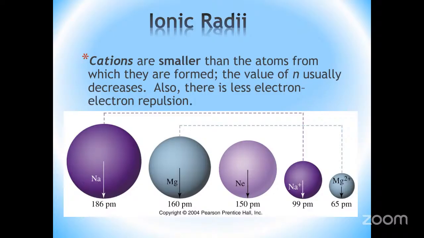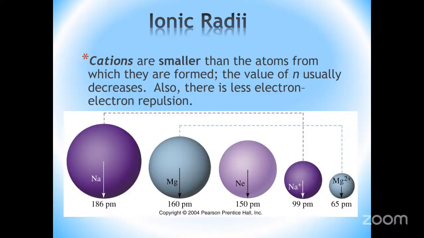Going from sodium to sodium plus, you're removing one electron. There will be less repulsion between the remaining electrons, so they will be drawn closer to the nucleus. So the sodium ion will be smaller than the sodium atom.